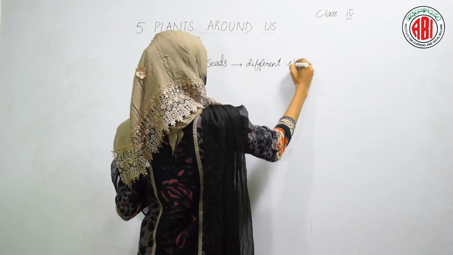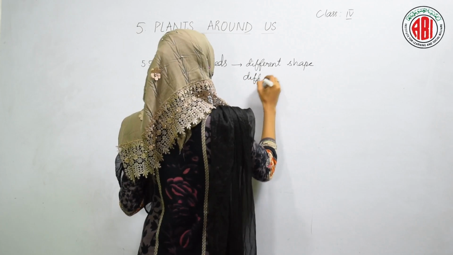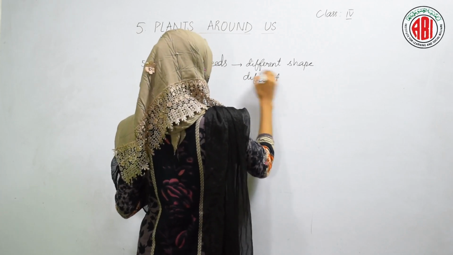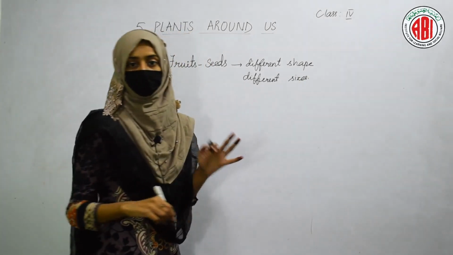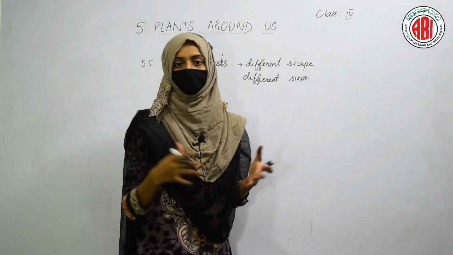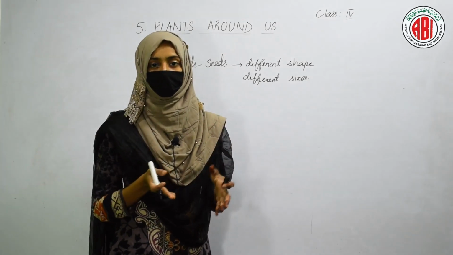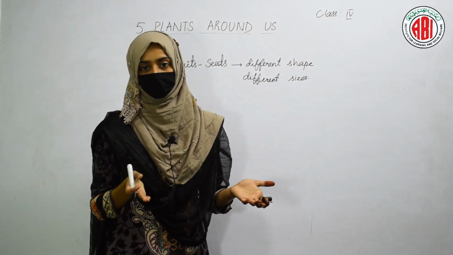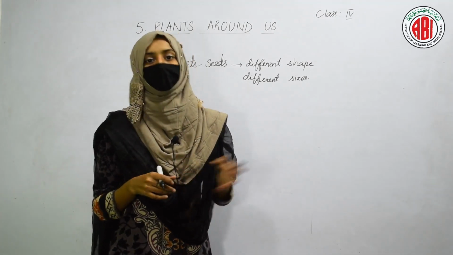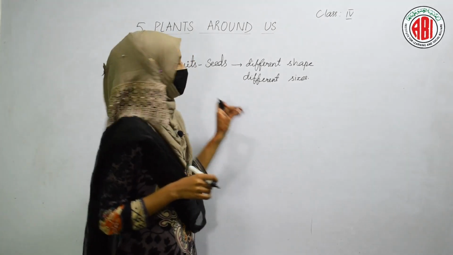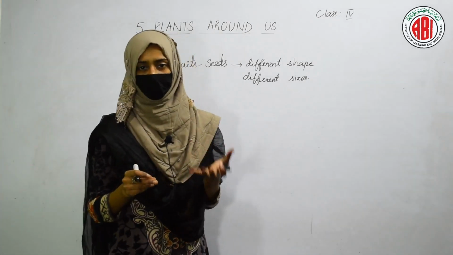They show different shapes. They are of different sizes. It does not depend on whether the plant is big, tall or short. The size of the seed does not depend upon the size of the plant or tree. The size may be small or large.